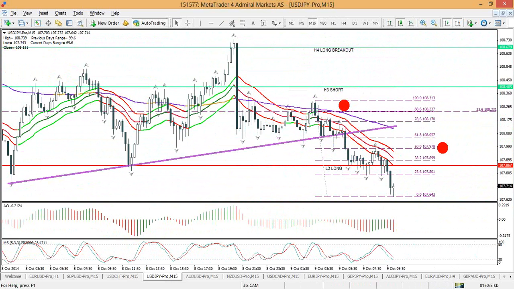107.98, stop loss 108.35. It looks interesting.